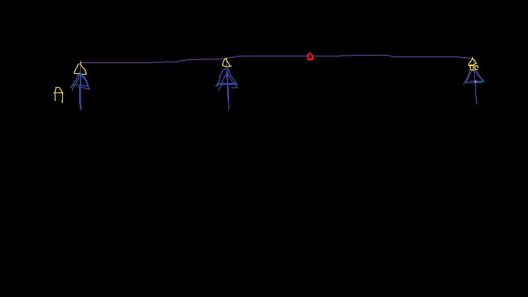If there is no horizontal loading, the working principle of a roller support is exactly equal to a pin support, right? There are 3 reactions, right? But how many equations do you have? 3 equations.